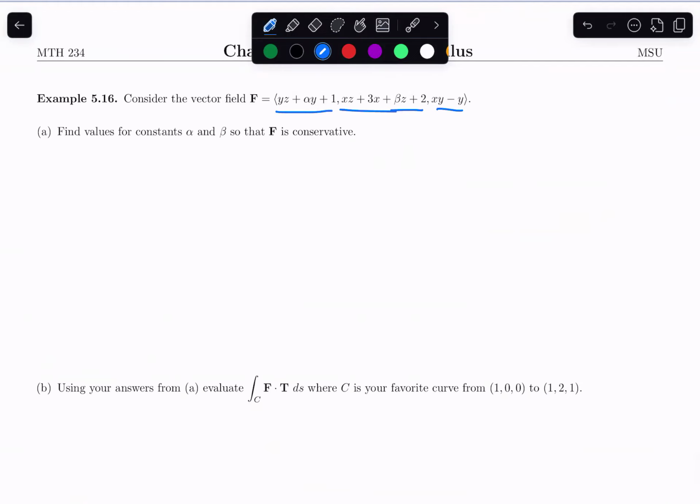If we want a conservative vector field, that means that the curl has to be equal to 0. Well, we can calculate out the curl: i, j, k, partial with respect to x, with respect to y, and with respect to z, of yz plus alpha y plus 1, xz plus 3x plus beta z plus 2, and xy minus y.